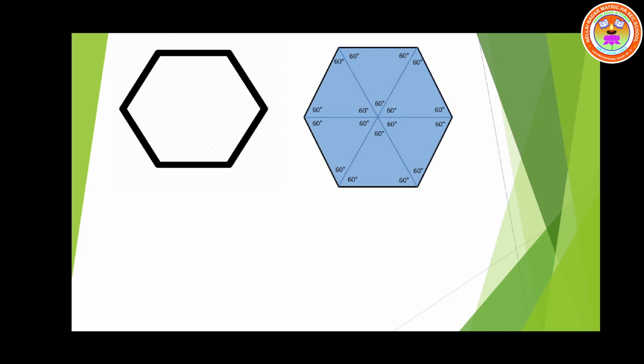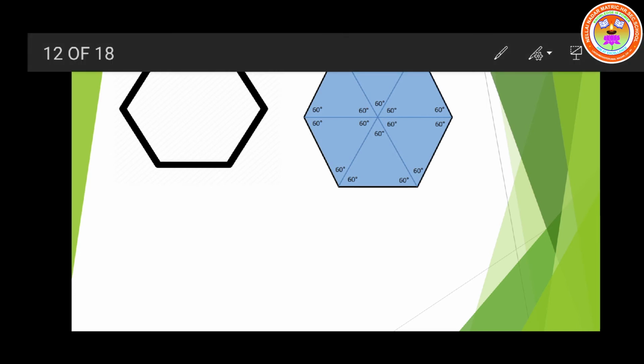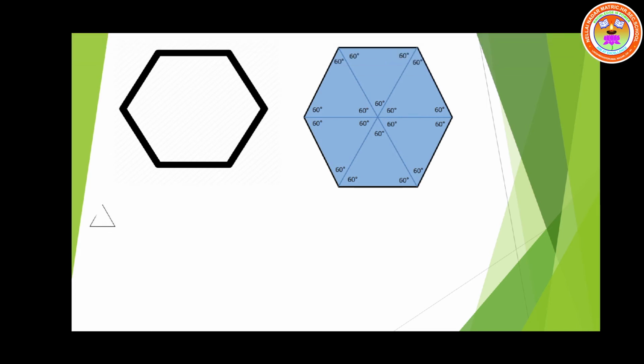Now when I look at this diagram, at the center of the regular hexagon there are 6 angles. I'm going to take each one of them and add. First the first angle at the center plus the second angle, next the third, fourth, fifth and sixth.